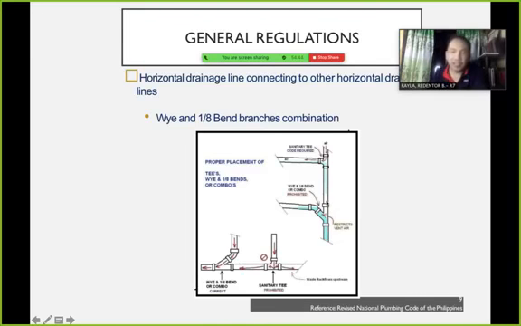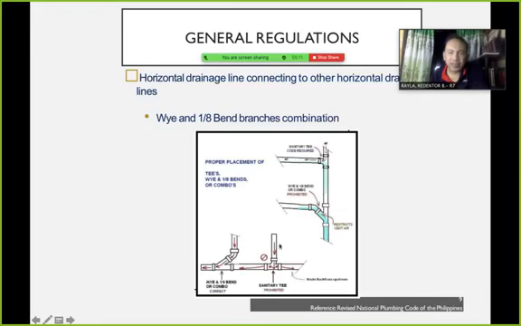Sometimes we exercise this one. This is a Y and 1/8 bend. But this should be the one, sanitary. So this one, but a Y and 1/8 bend is okay at the horizontal. No?